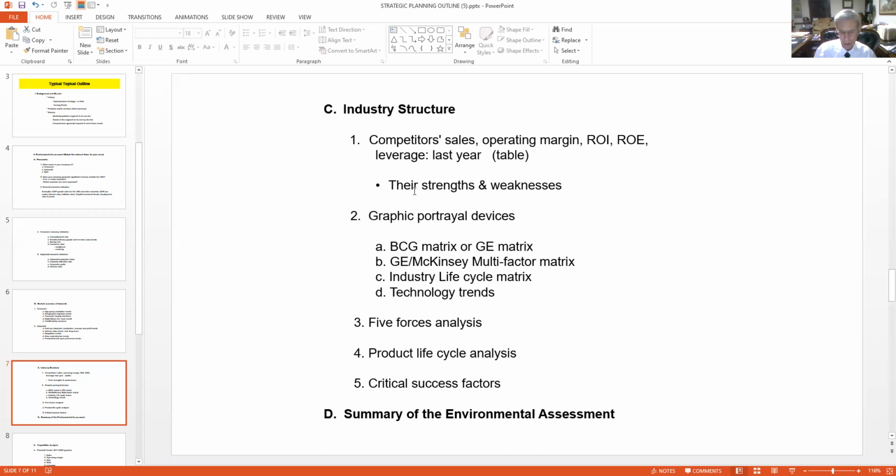So SWOT, for your information, is rarely used in industry. It's frequently found in business textbooks, and it's frequently emphasized by business professors who have never been in industry, and unfortunately, they're in the majority. But I can tell you that I think I did use a SWOT analysis once early in my career. I think I did.